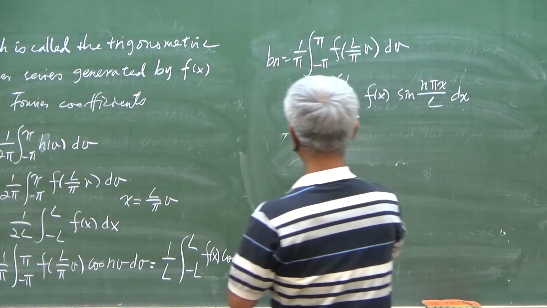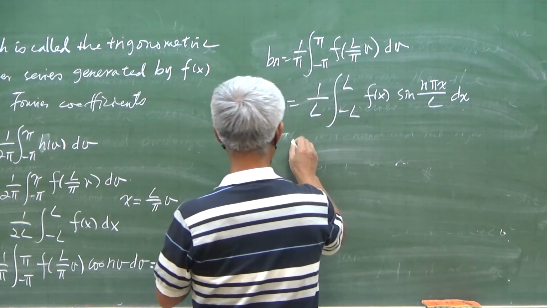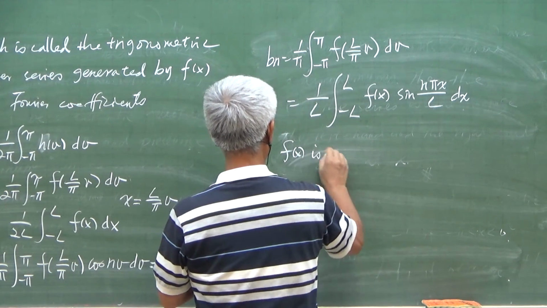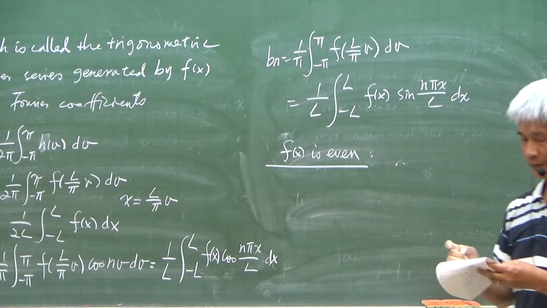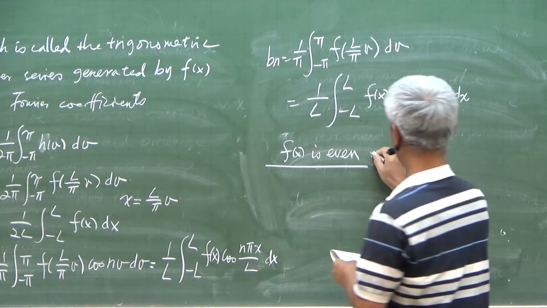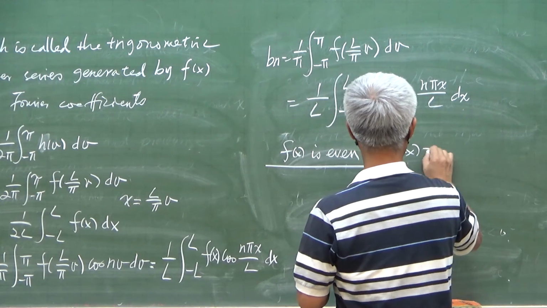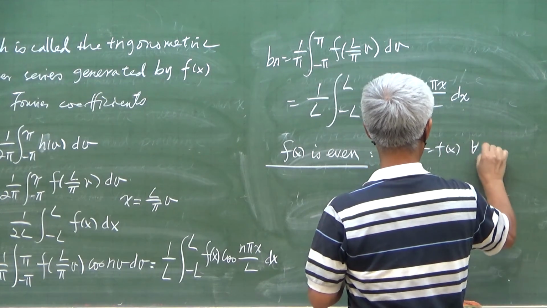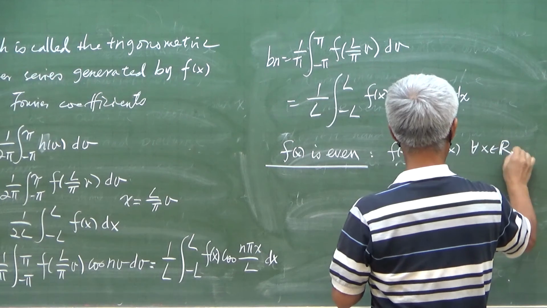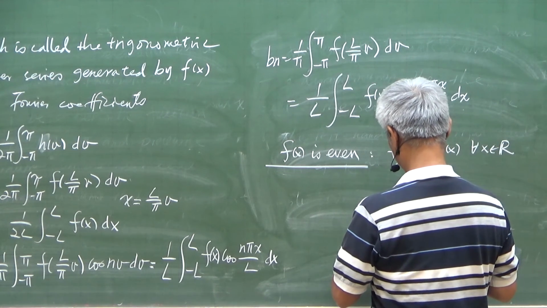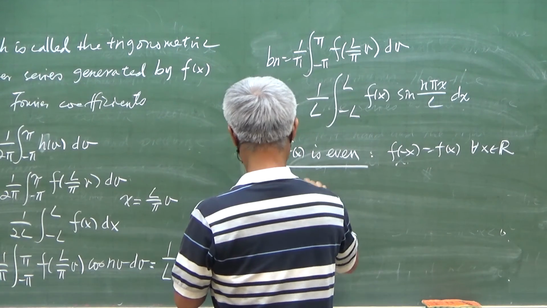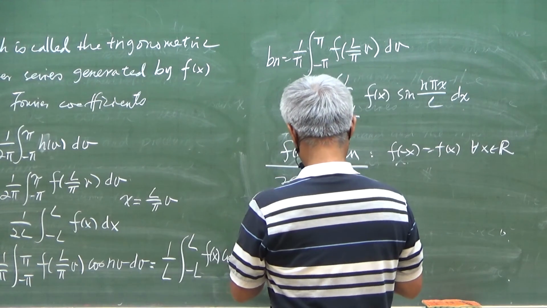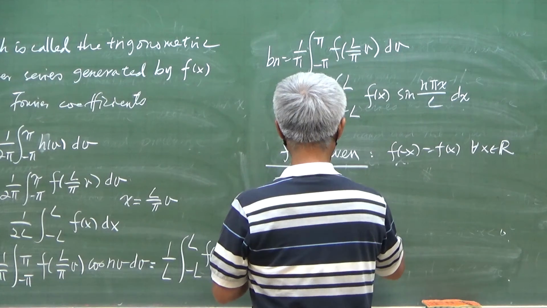Okay, now there are some special cases when f of x is even. When f of x is an even function, it means that f of minus x is equal to f of x for all x in R. Then we consider bn.